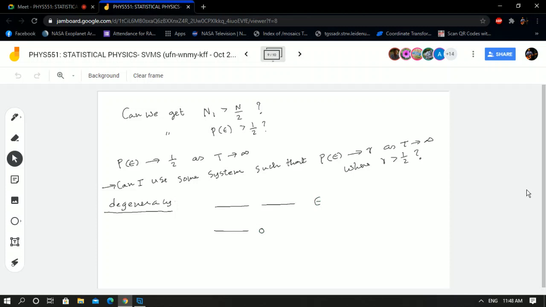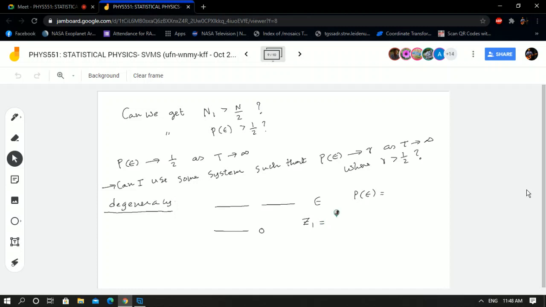Now in this case, what happens to your P of epsilon? How do you write this P of epsilon? How do you write Z1 for this? Z1 is like e to the power minus beta into that energy.